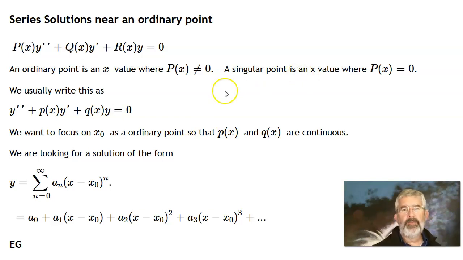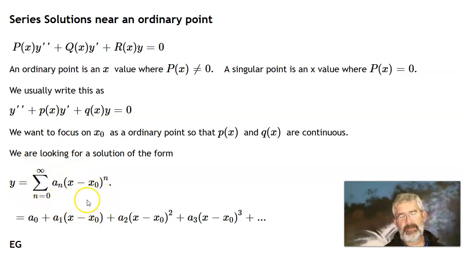We'll see later on this week that when you work with a power series centered at a singular point, your solutions quite often have strange things going on at that center.